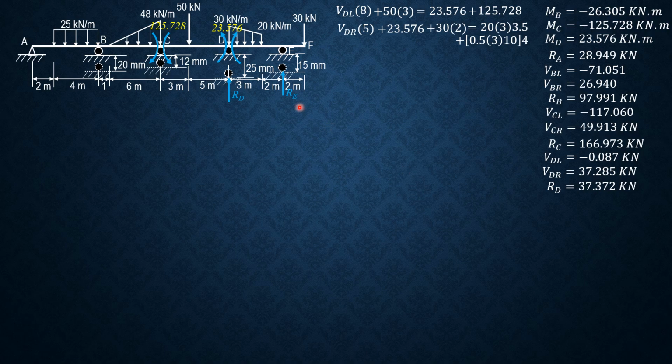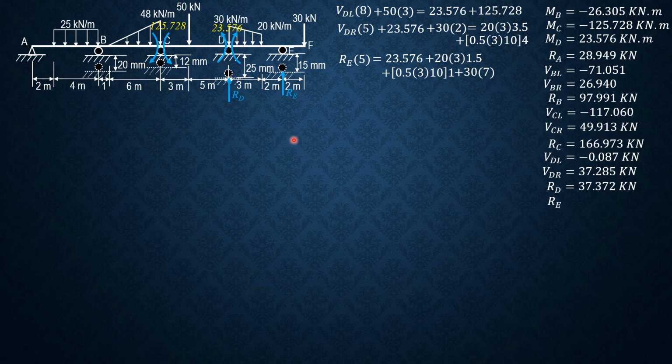Finally, RE can be solved by taking moments about D. So RE times 5 and equals, everything is clockwise, so 23.576 plus moment of uniform load 20 times 3 times 1.5 plus moment of the triangular load 0.5 or 1 half of 3 times 10 times 1/3 of 3, 1. 0.5 times 3 times 10 times 1 plus 30 times 7.